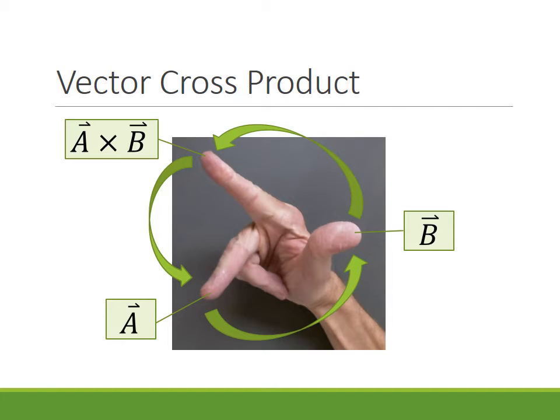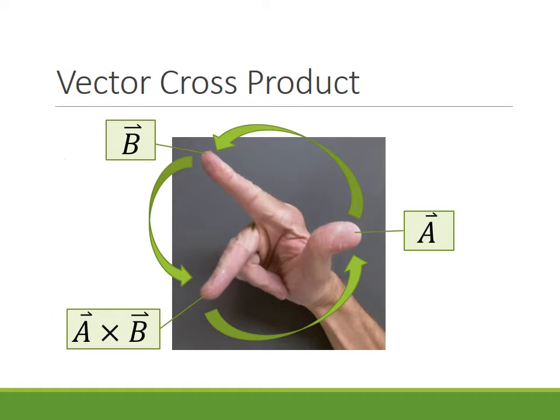So here you see A is the middle finger, B is the thumb, and that makes A cross B the index finger. And finally, if A was the thumb, then going counterclockwise, B is the index finger and the middle finger is A cross B.